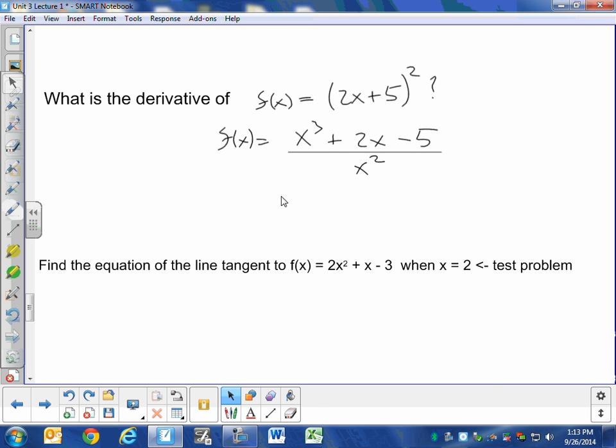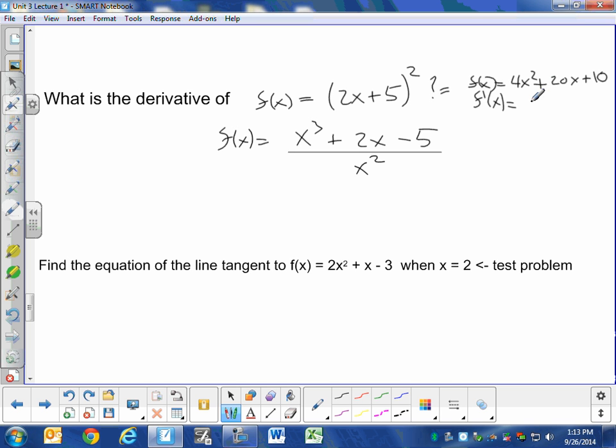We'd have to distribute it all through. We'd have to FOIL it. And we'd have to take the derivative of this. Okay? So don't get tripped up on that. We just get 8x plus 20 as our derivative.